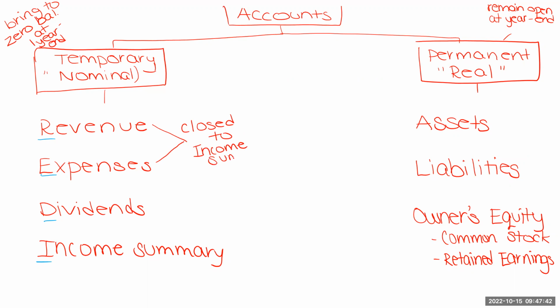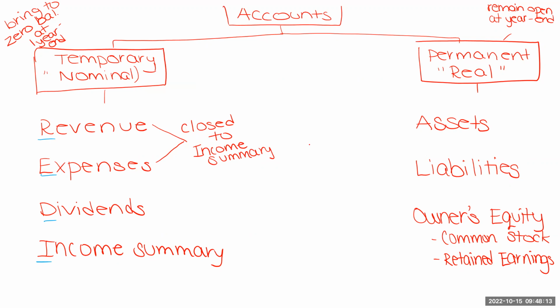So the income summary account only exists to close the items that determine net income, which is revenue and expenses. And if anything, it's because accountants are anal and we like to have one more chance to check, because our income summary account should be equal to our net income for the period. So it's just one more chance for us to check and make sure that we didn't forget to close the account. So we'll match what our balance is in income summary to net income and make sure it's the same.